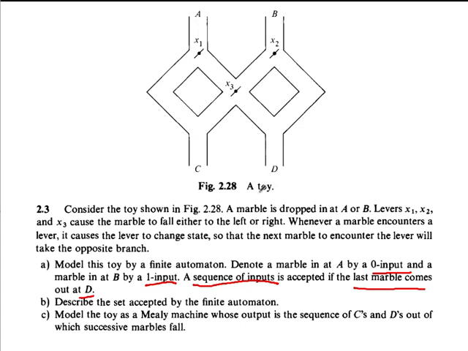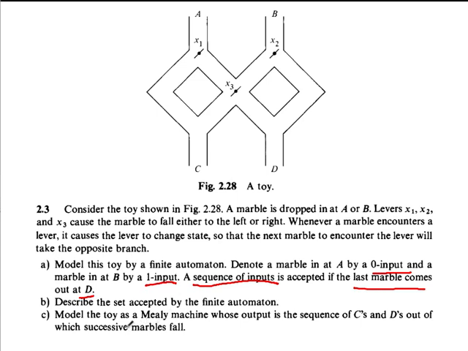So if the last marble comes out of D, we take that sequence of input. So that is in our language. So this is how we define this language of 0 and 1. So you have to construct a DFA which models this thing, and through which you can find the language.